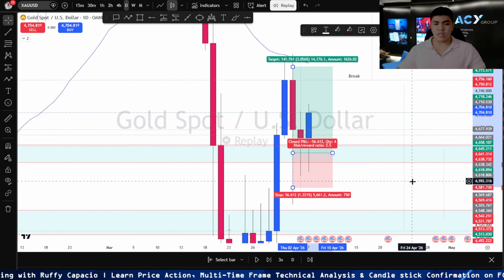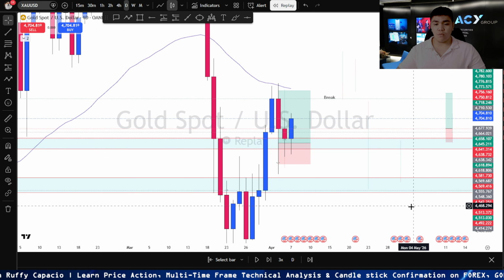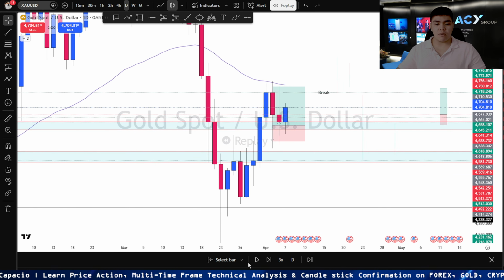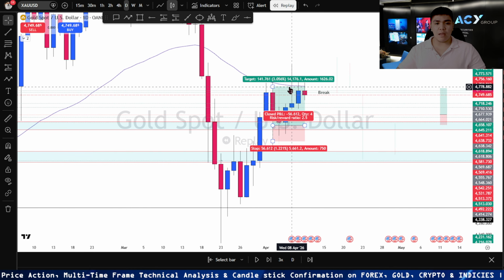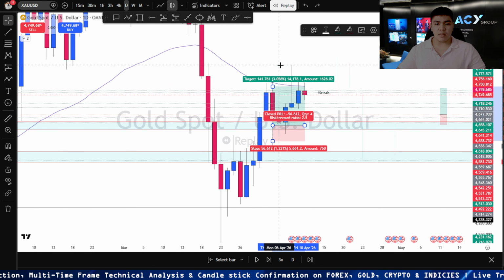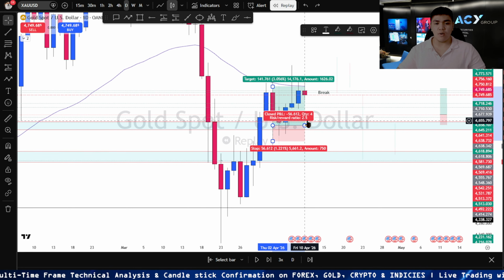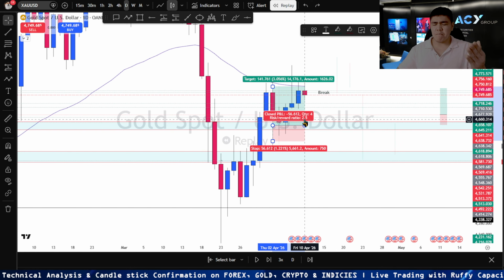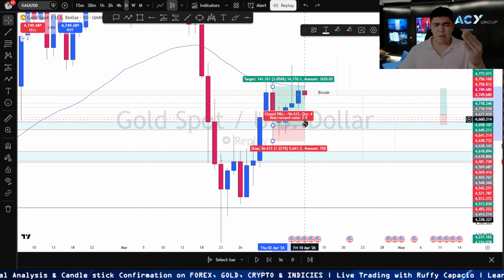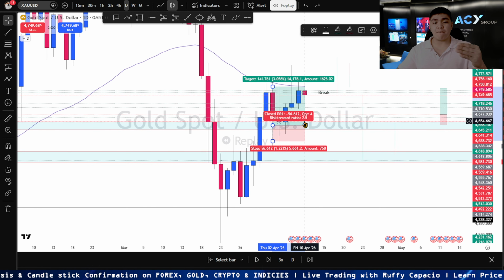Now, watch how the market plays out. That wick already hit our take profit even more, but we had already targeted 1 to 2.5. Therefore, this is how simple the break and retest pattern is, and it always happens in the market.